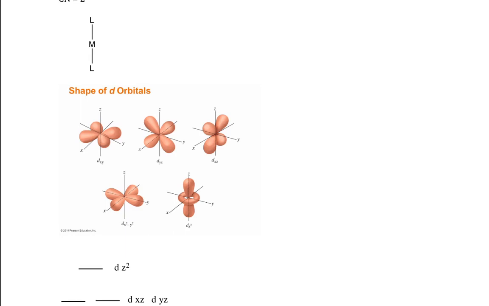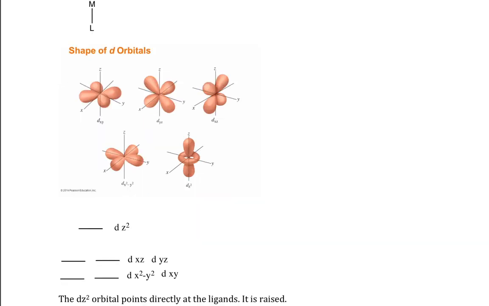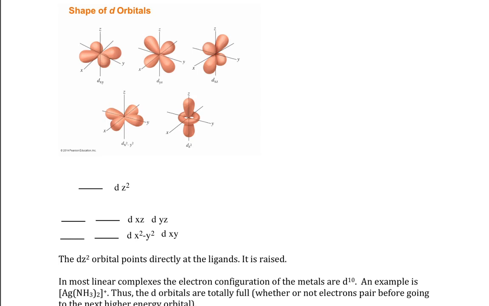And then we see that the other ones that have electron density along the z plane would be the next most affected. That would be the dxz, the dyz orbitals, and then the least affected would be the dx squared minus y squared and the dxy, because they have no big portion along the z plane.